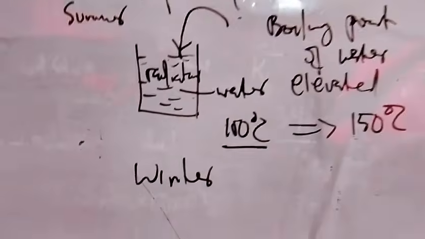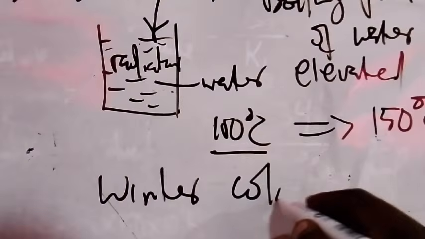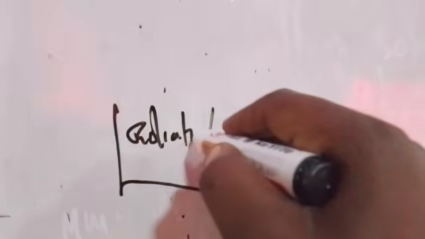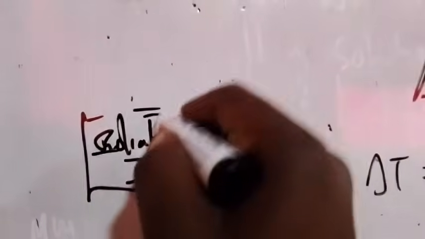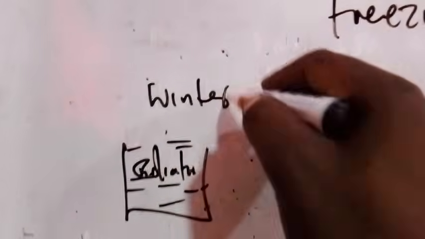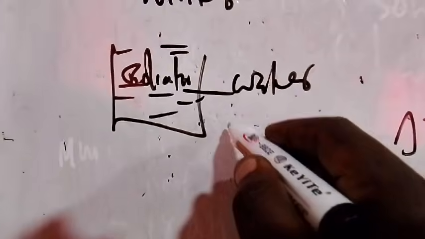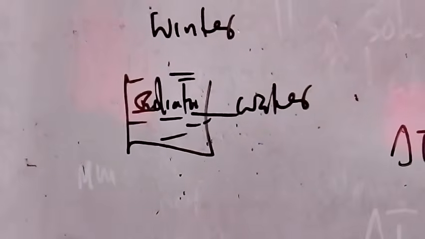Then in winter, we know it's cold in winter. It's cold, while in summer it's very hot. So what of in winter? How does the antifreeze work? Okay, so this is a radiator, and this is in winter. If there is water only in the radiator, then when it gets very cold, in some countries it goes below 0 degrees.